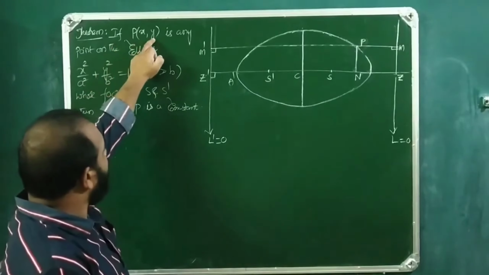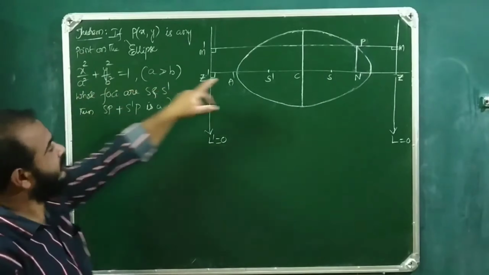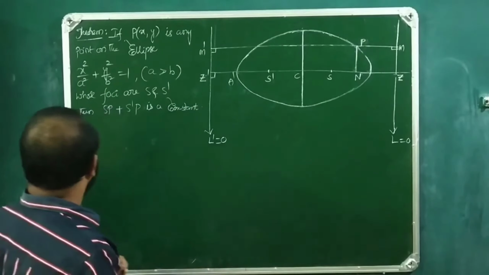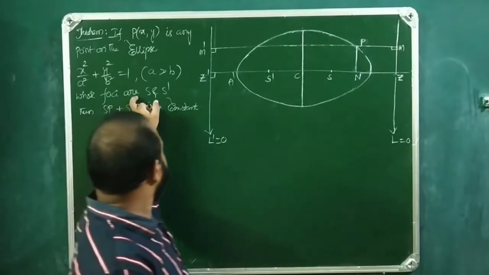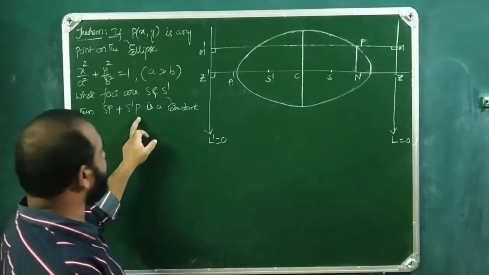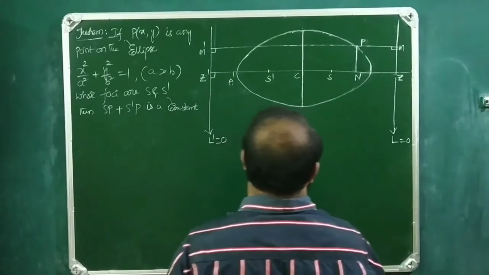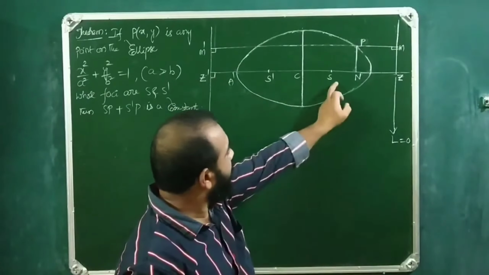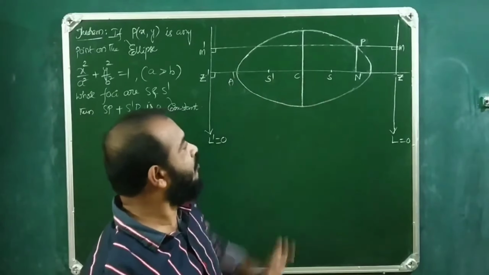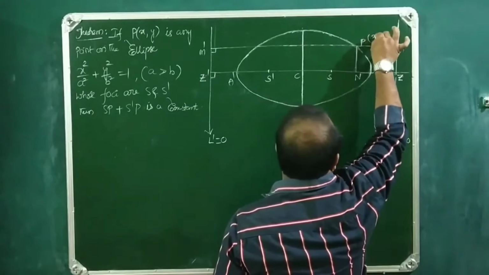If P(x, y) is any point on the ellipse x square by a square plus y square by b square equals 1, the standard form of the ellipse, whose foci are S and S dash, then SP plus S dash P is a constant. So this is the ellipse, S and S dash are the foci, C is the center of the ellipse, and P(x, y) is any point on the ellipse.